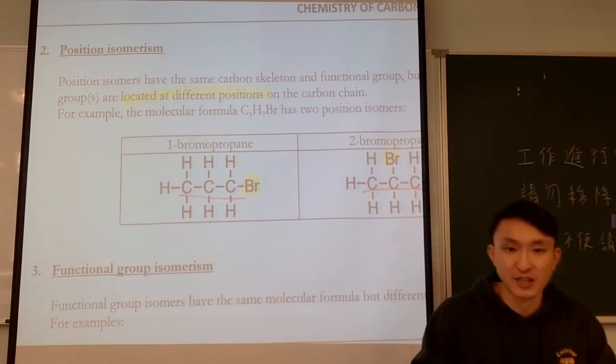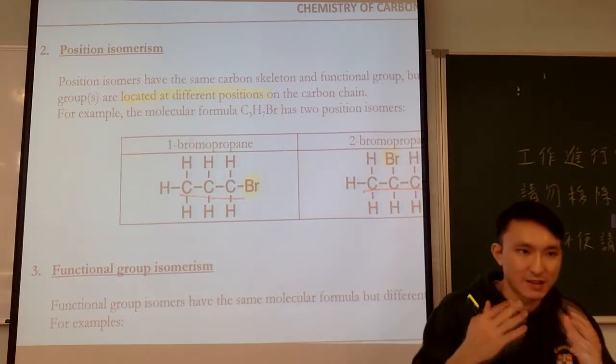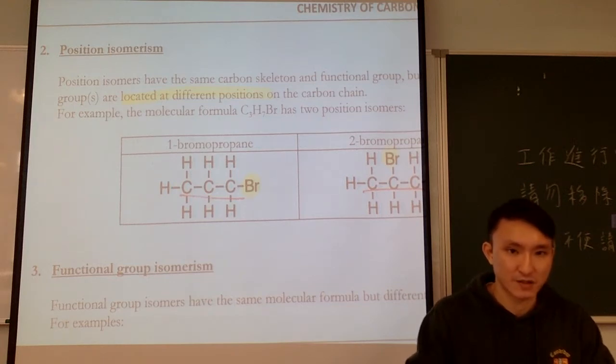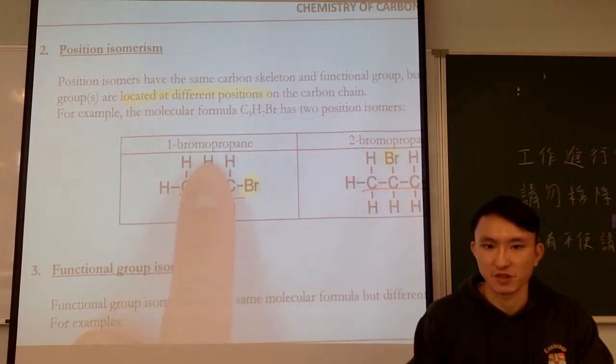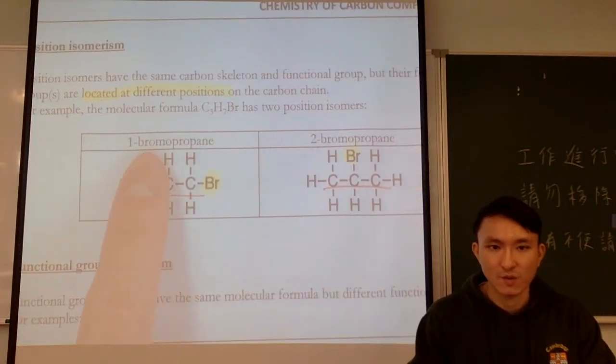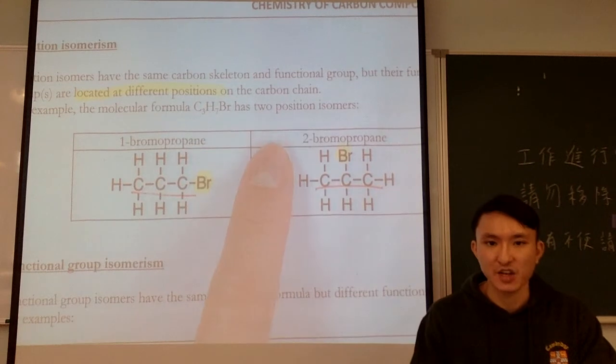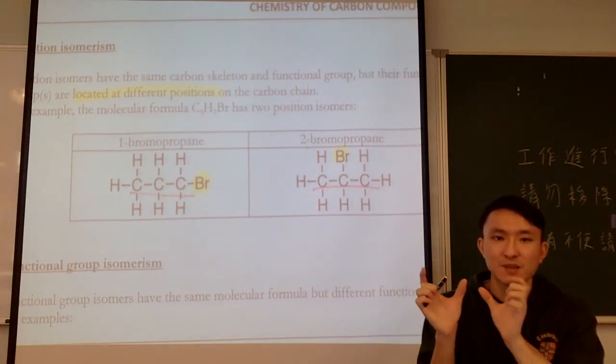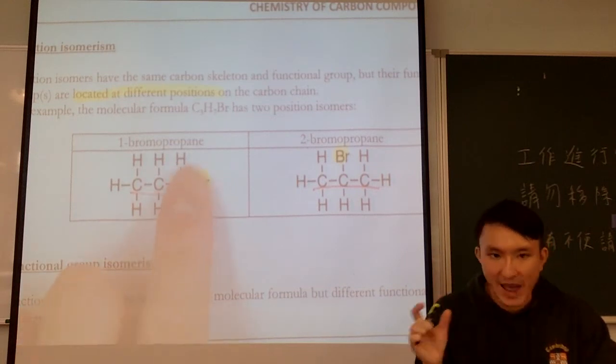Now, sometimes some students may kind of mix up the chain isomerism and position isomerism. One way to verify is to look at the name. This one, bromopropane. Here, 2-bromopropane. You see the last word, the suffix is propane, right?